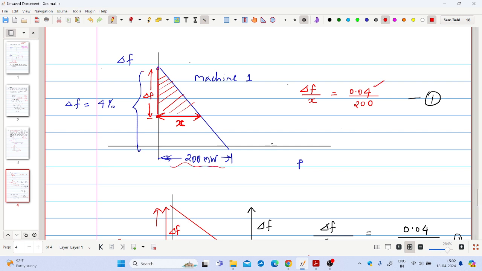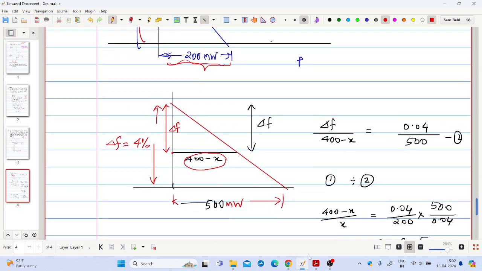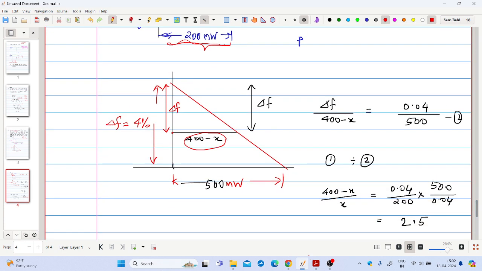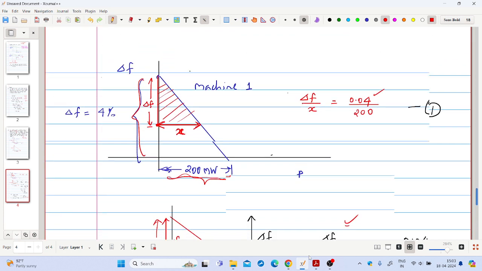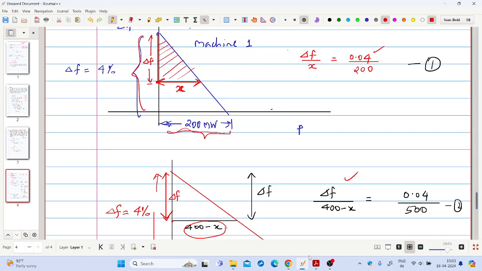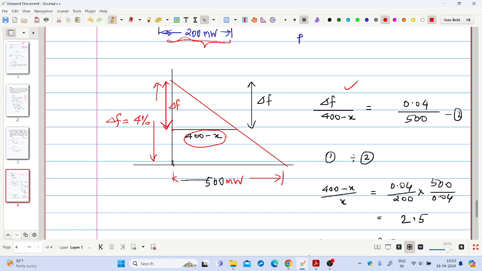Similarly, for the next generator, delta F by 400 minus X for the smaller triangle, and for the bigger triangle 4% by 500. So we have two equations and two unknowns. If you divide equation 1 by 2, delta F will get cancelled, and you get 400 minus X by X equal to 2.5.